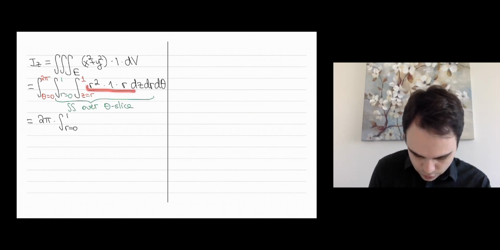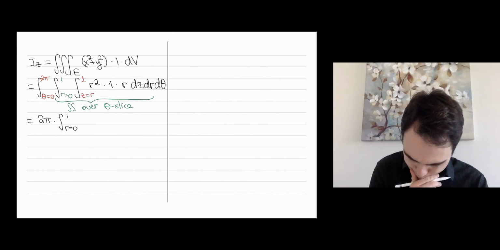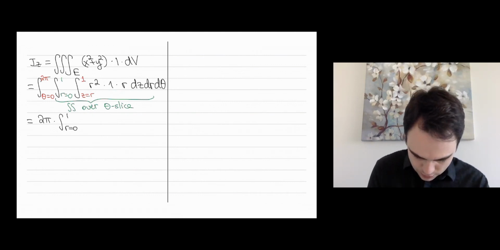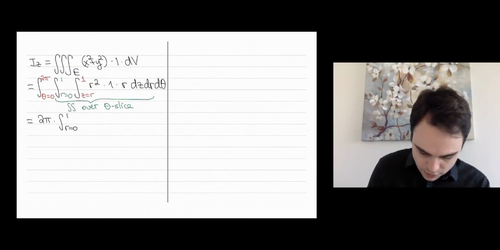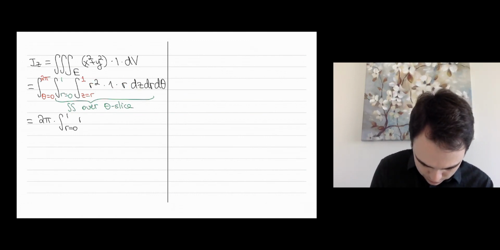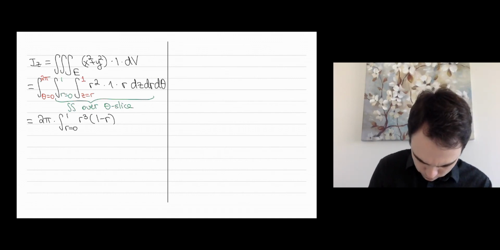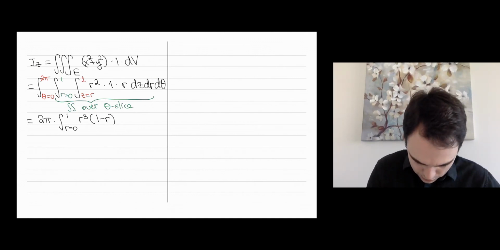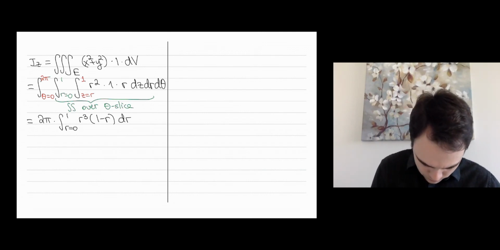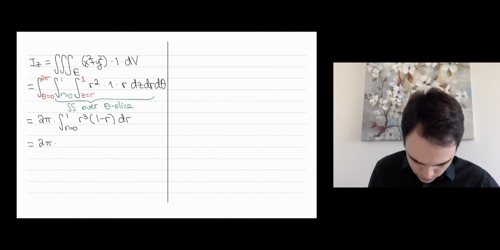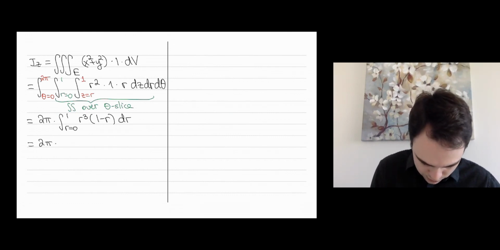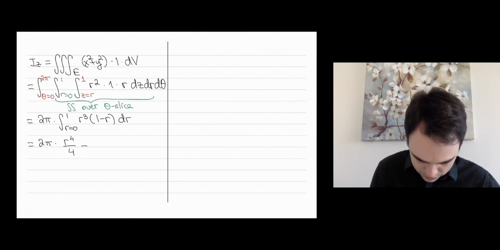The integrand doesn't involve z, so it's just r cubed times 1 minus r, and then you have dr. This is 2 pi times the integral of r cubed, which is r to the 4th over 4, minus the integral of r to the 4th, which is r to the 5th over 5, evaluated between 0 and 1.